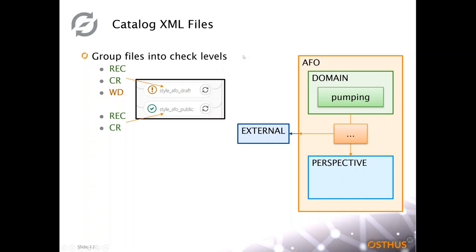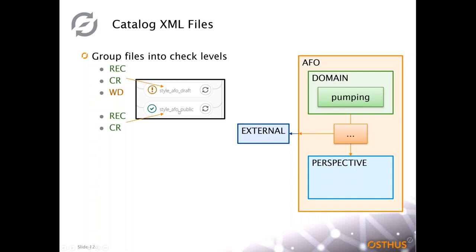The entries in the XML files, which can map our ontology names to our actual files, can be grouped. So there's a group tag. So we're actually leveraging this group tag to define different check levels.